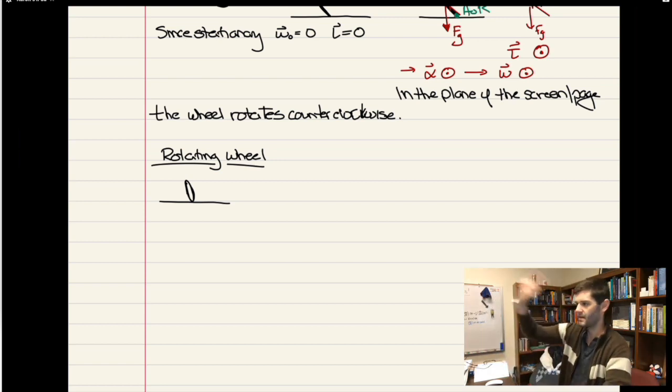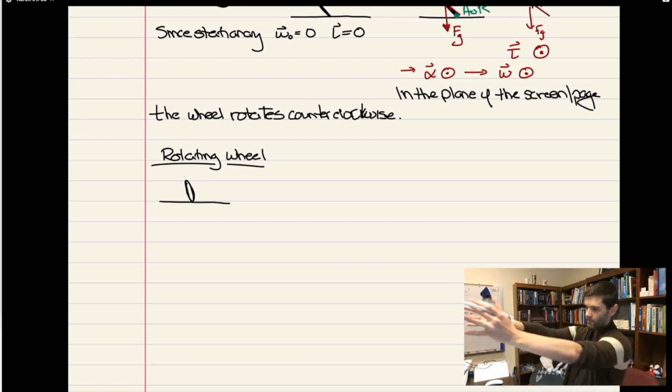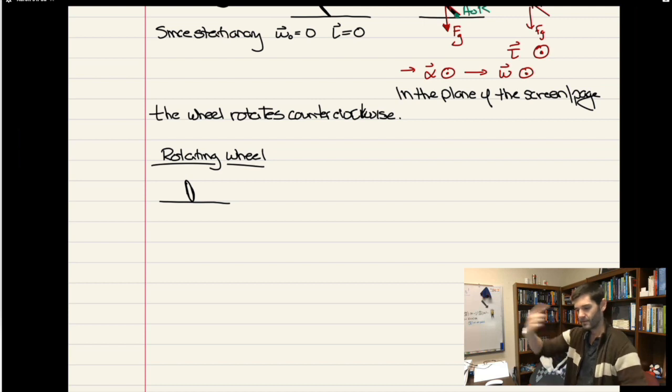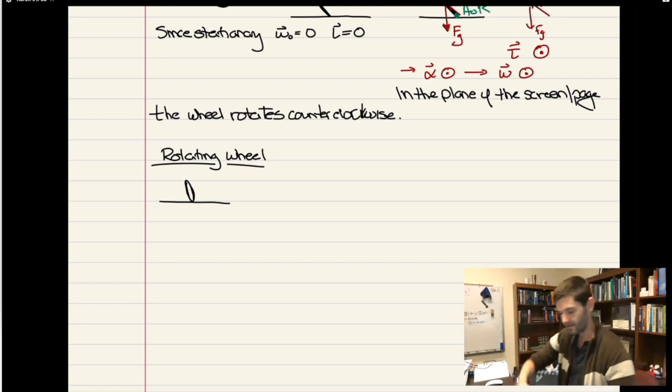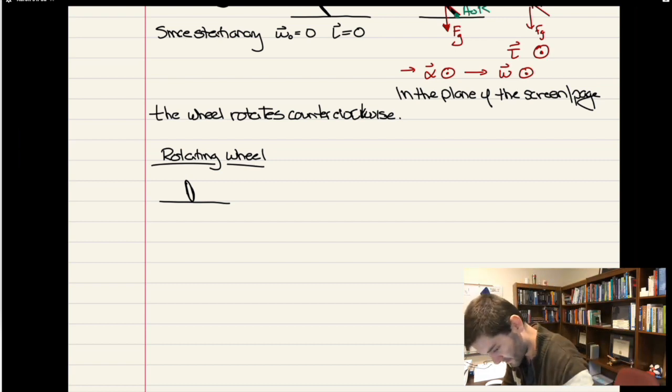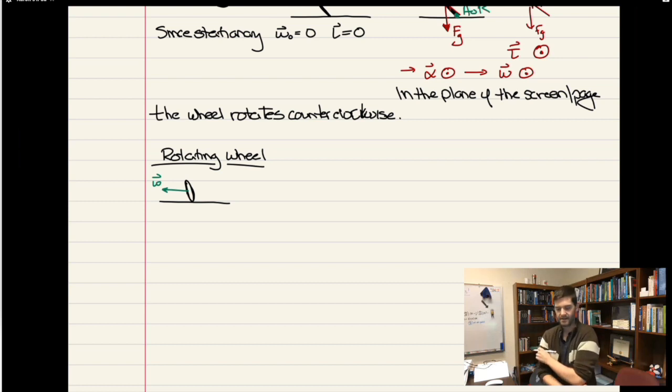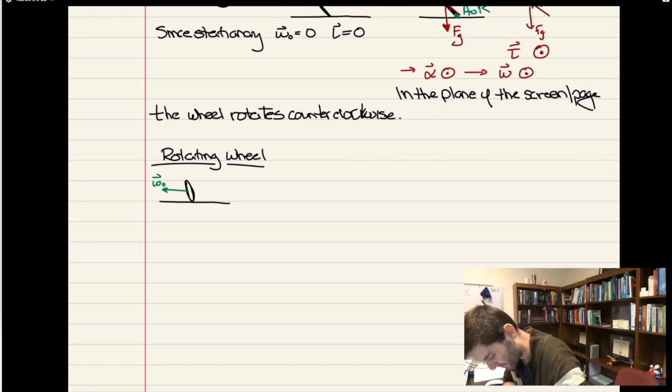So it's rotating into the page, and you can think of it, if I was staring at the page, it would be getting farther away from me. That requires the rotation to look something like this. So that if I curl my right hand fingers in that same direction, my thumb points to the left on the page. So that is the initial angular velocity.